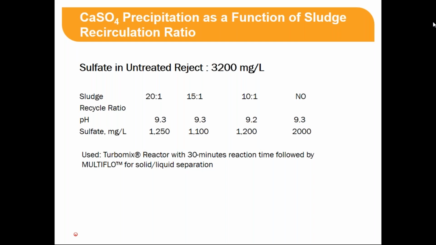At 15 to 1, we had 1100, and at 20 to 1, we had a little higher concentration, mainly because some of the sulfates came out of solution. But I would say with good sludge recirculation, you should be able to get sulfates down to less than 1500 milligram per liter. And also, please note, we ran our turbomix reactor with around a 30-minute reaction time.